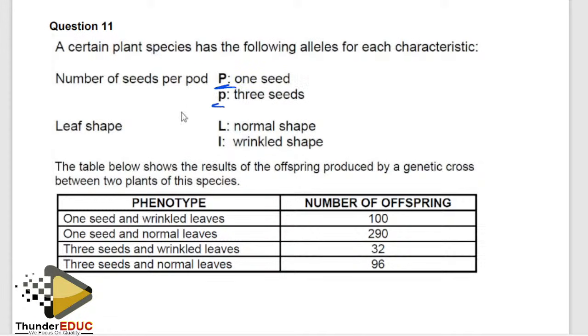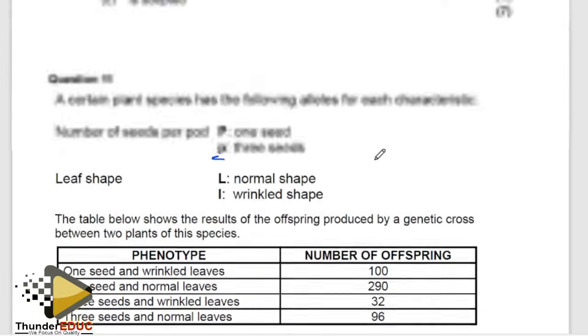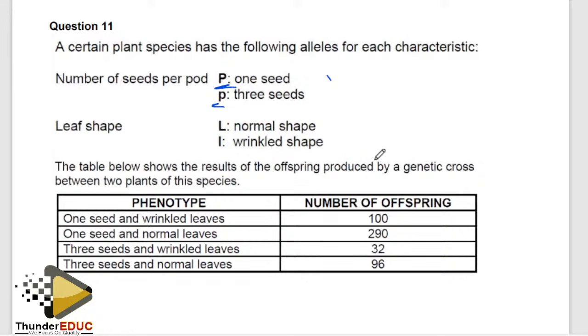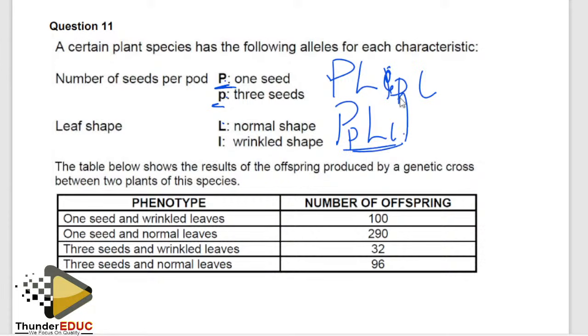If they ask you what is the genotype of the parent here, for example, don't repeat the letters before you finish. For example, the genotype of this can be capital P, capital L, then another one is small p, small l. So the ones which are the same, you combine them: capital P, capital L, small l. So this becomes the genotype of the parent.